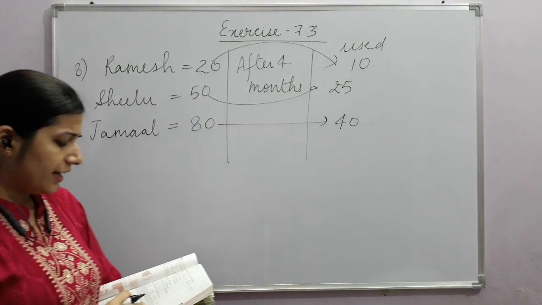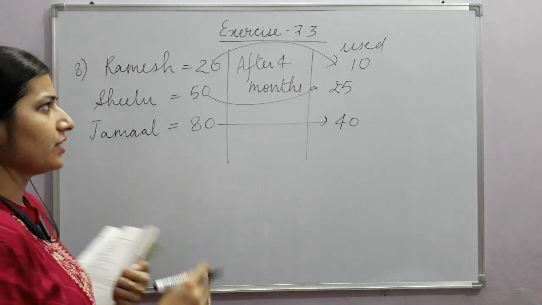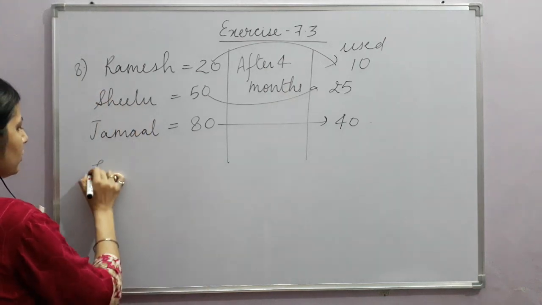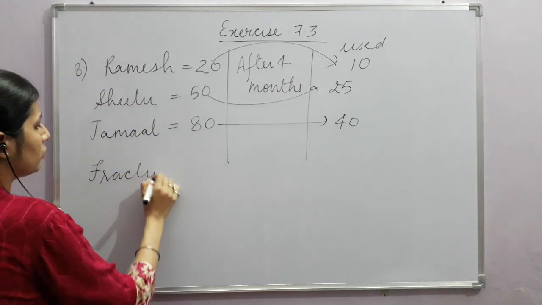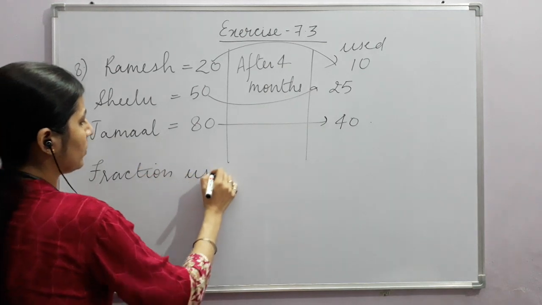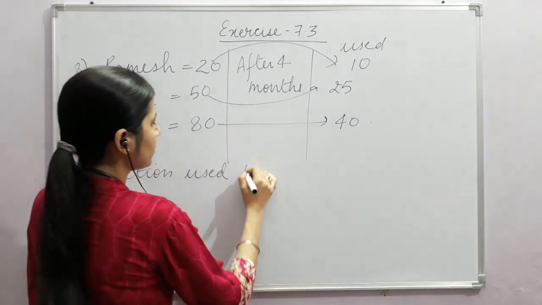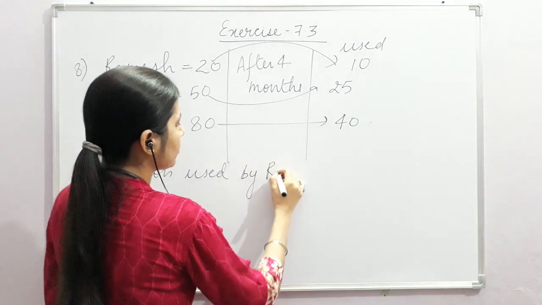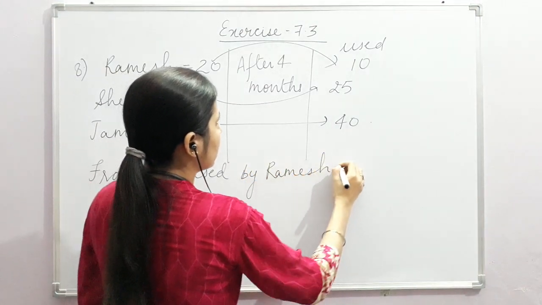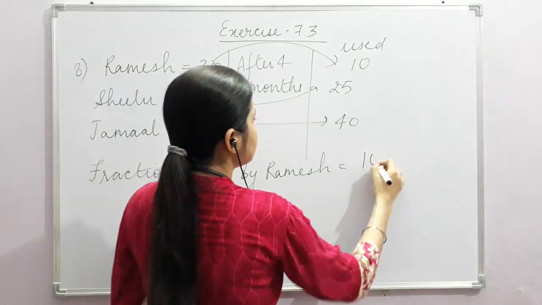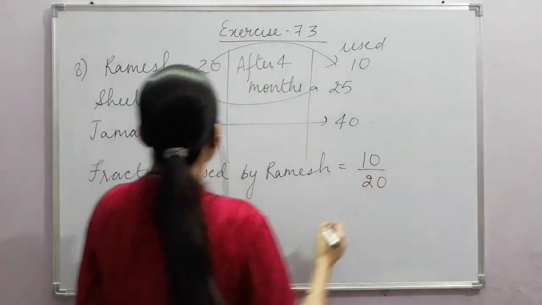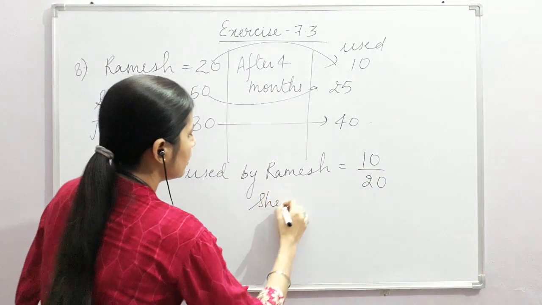What fraction did each use up? They are asking the fraction that each used up. There are 3 people, so we have to calculate the fraction used by all 3. Fraction used by Ramesh will be what? Ramesh has used 10 out of 20. Next is Sheelu.